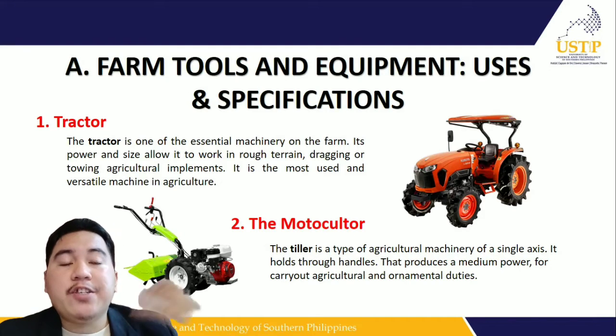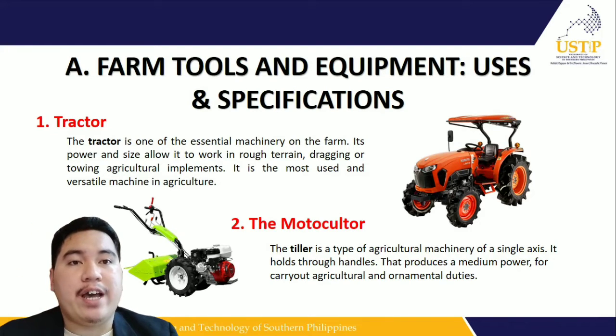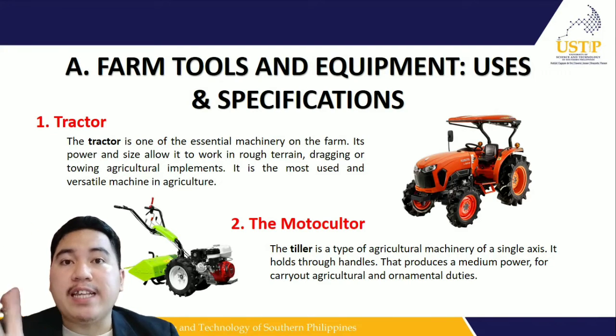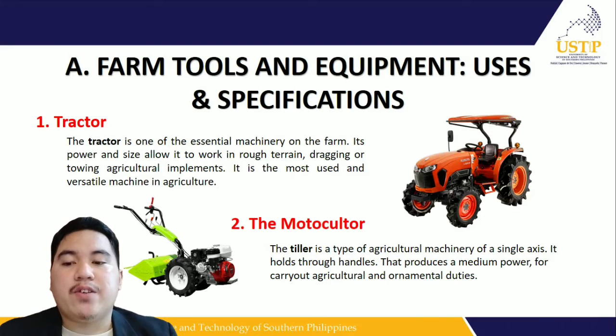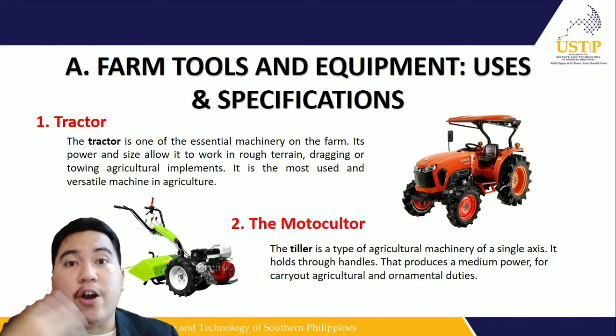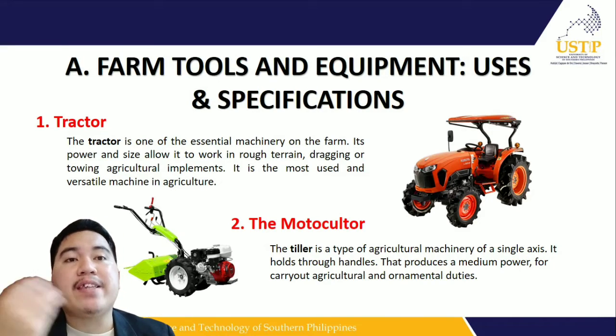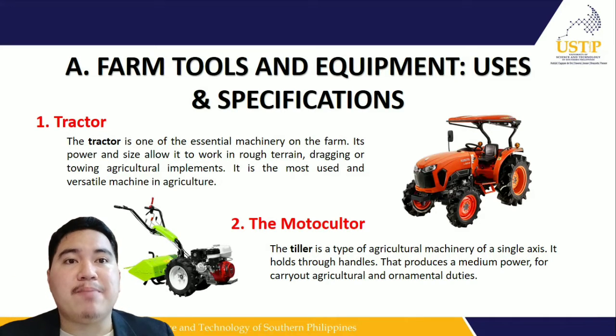So as you can see in the picture, nakabantay mo, if ang tractor kay 4 wheels siya, kaning motocultor or kaning tiller, it has 2 wheels only. Okay? Nasa sa example class. So mostly gigamit ang tiller or ang motocultor in gardening, in ornamental duties. So, sa mga tanong-tanong lang na siya gigamit.